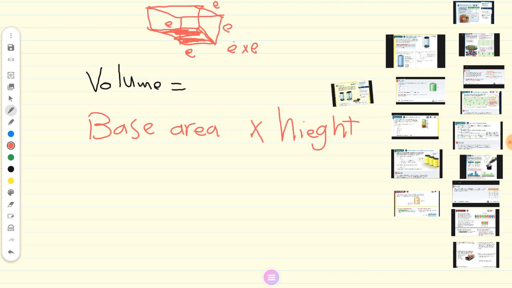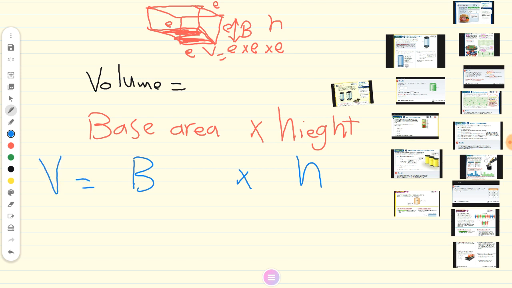Multiply by the height, and the height here is the same edge, so it's multiplied by the edge again. We refer to base area as B, height as H, and volume as V. So V equals base area times height.